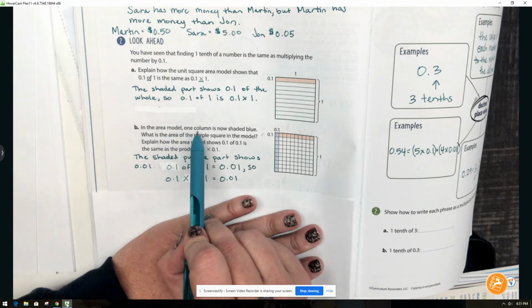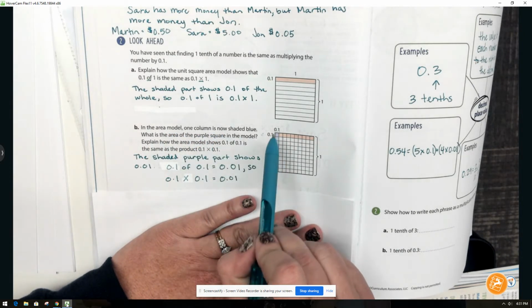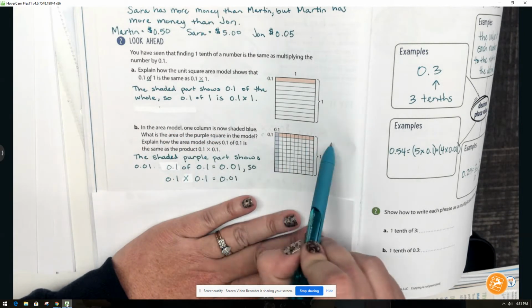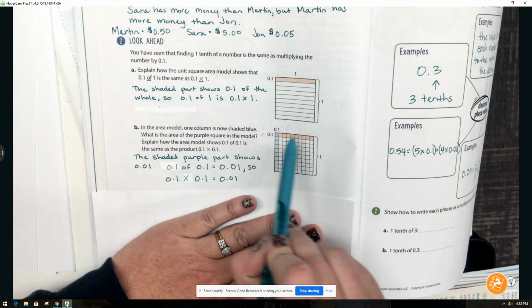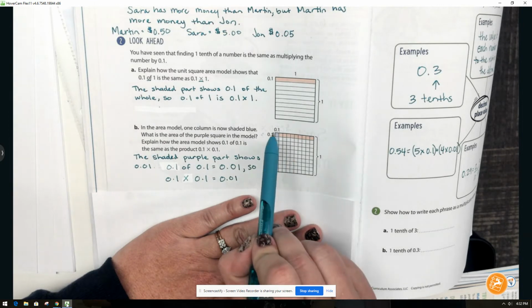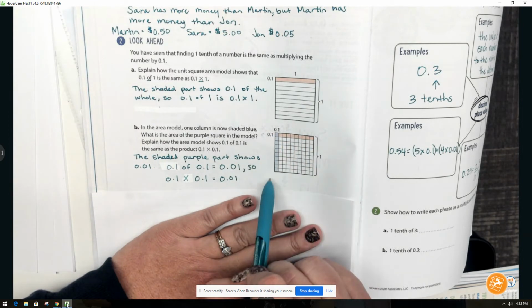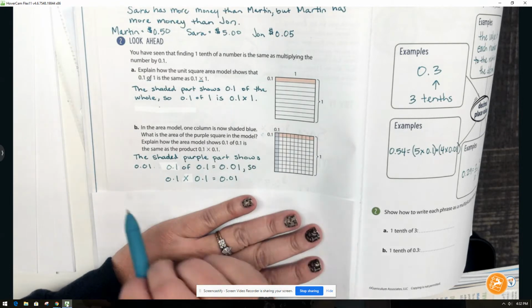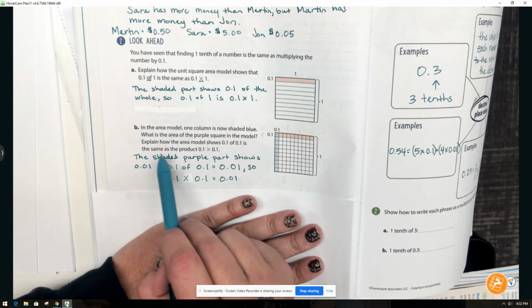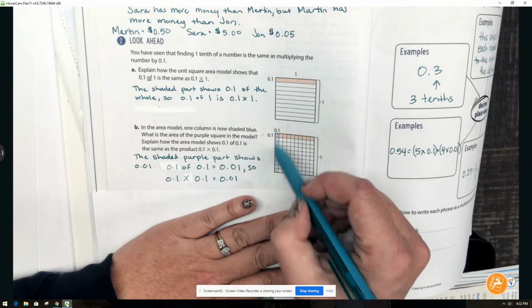In the area model, one column is now shaded blue, and we still have our 1/10 of one whole that's red. So this is 1/10. Now I want to know what is 1/10 of that 1/10, or what is 1/10 times 1/10. So the way this works is I'm going to use this area model.